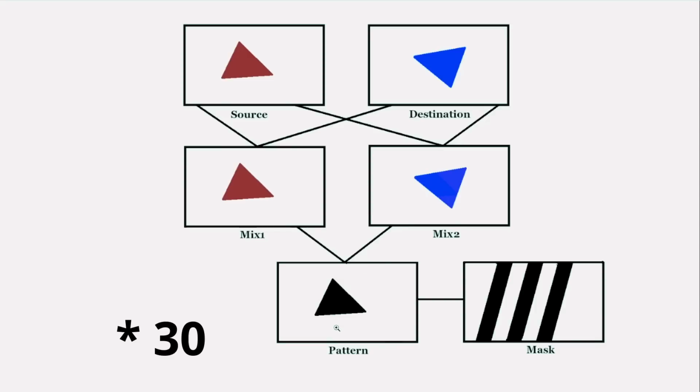We can then choose pixel by pixel which of the 2 mixes we want to take colors from, and that will give us some kind of image, but then we can filter that image pixel by pixel to decide which of those are going to be allowed to modify the destination.